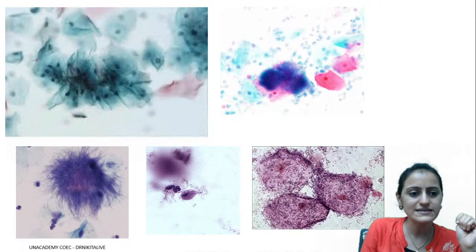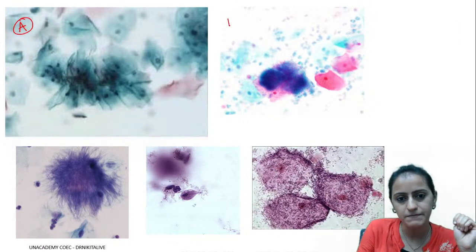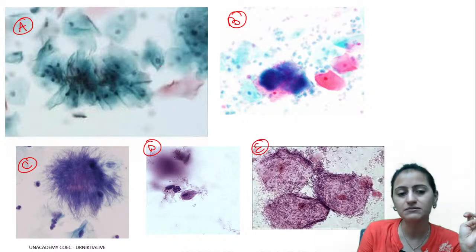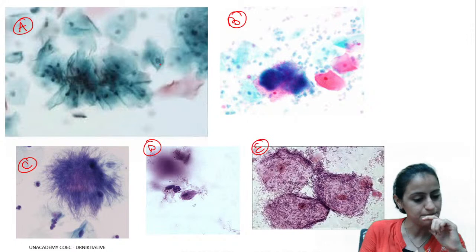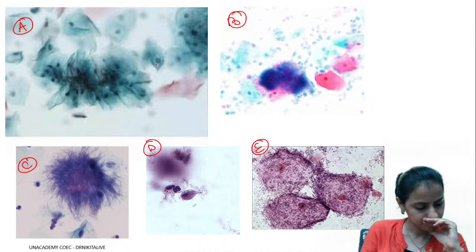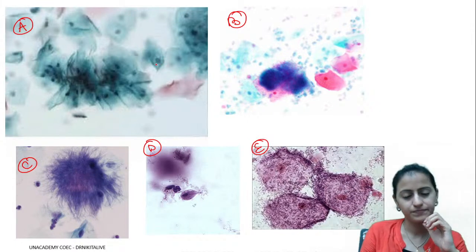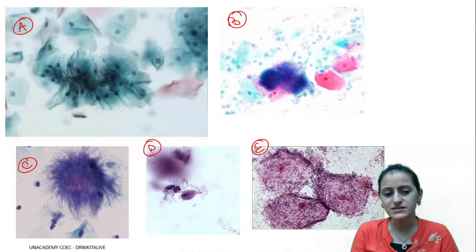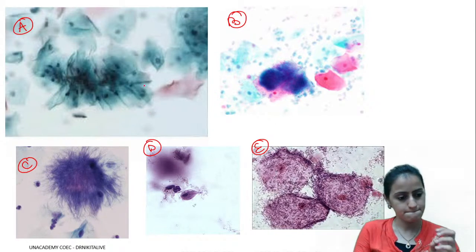Next one, look at some images, very important. Image A, B, C, D and E. What do you think is the diagnosis? These are very, very important images that can come in your exam. What is the diagnosis in the first one?